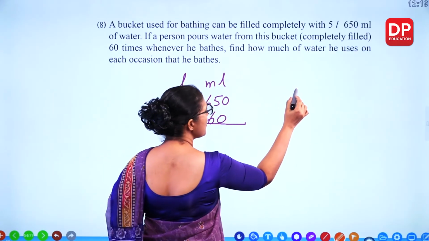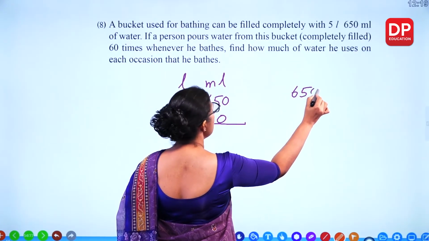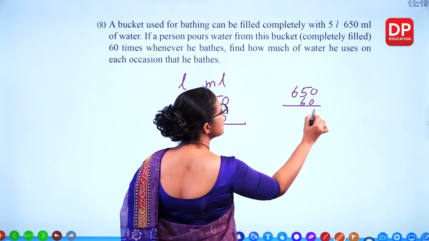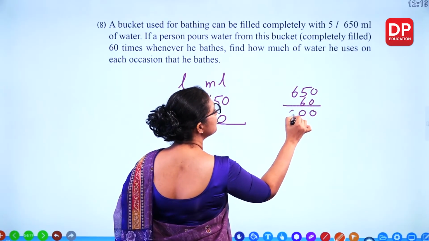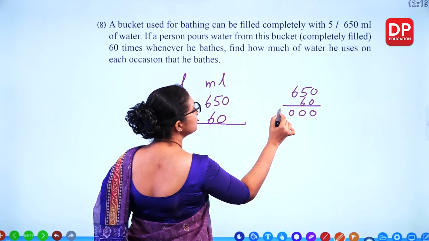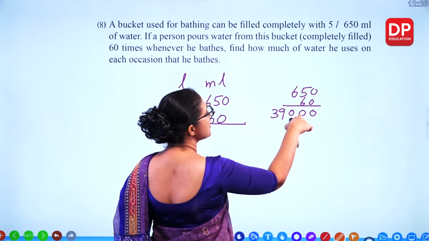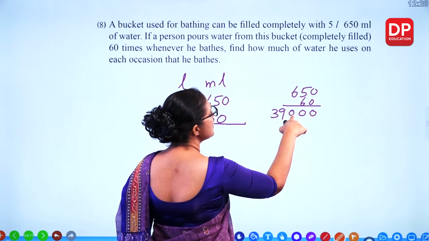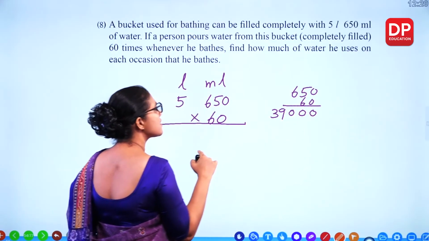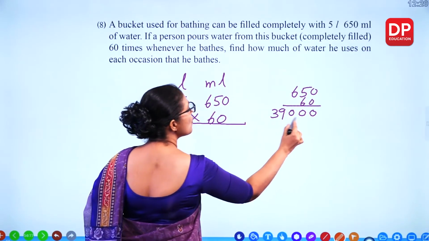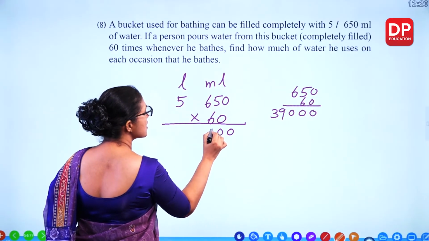So we'll do it separately. 650 multiplied by 60. You get 39,000. 0, 0. 6 times 5, 30. 6 times 6, 36 plus 3, 39. So you can put 3 zeros.